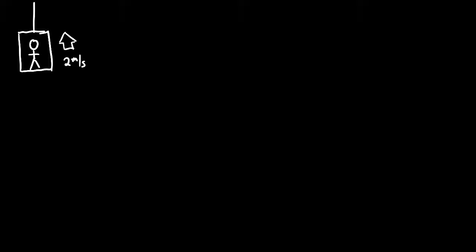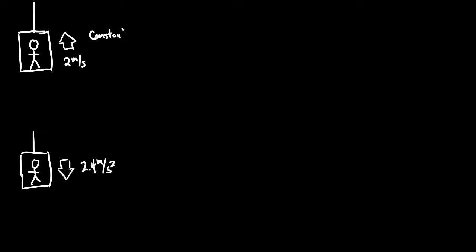And then it reaches the desired floor. And when it reaches the desired floor, it's going to slow down with an acceleration of 2.4 meters per second squared. So here it's constant speed, and here is slowing down.